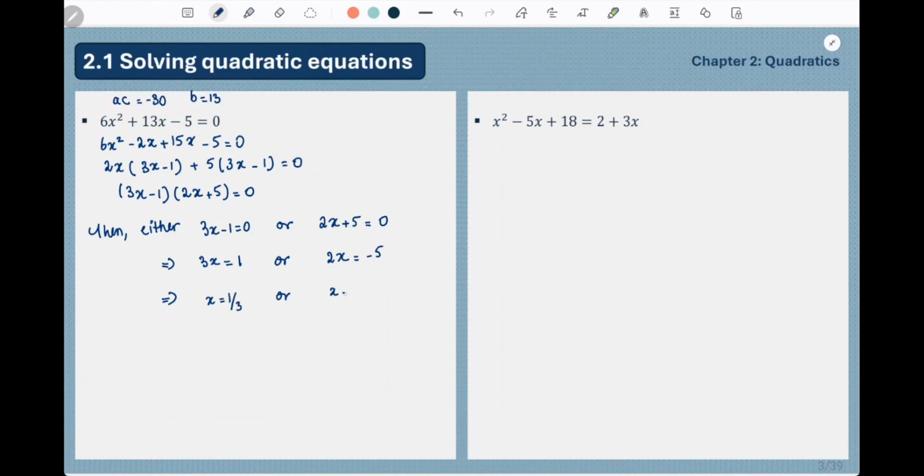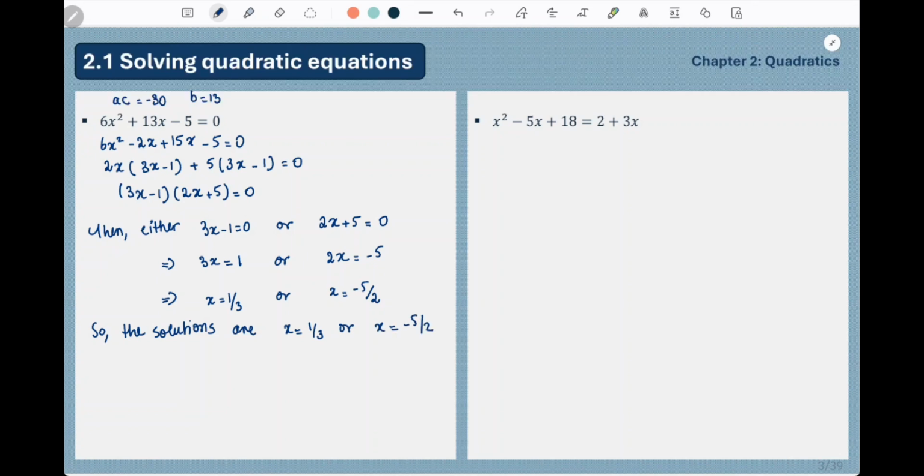And this one, you divide by 2 on both sides, and it gives you x equal to minus 5 over 2. So as you can see, the solutions to this quadratic equation are x equal to 1 over 3, or x equal to minus 5 over 2.